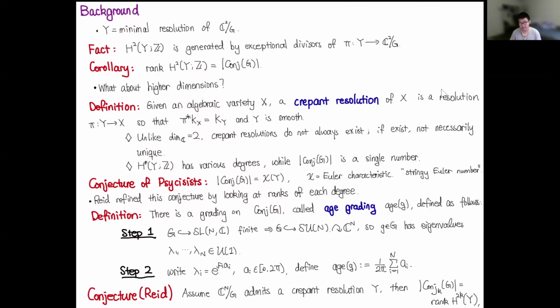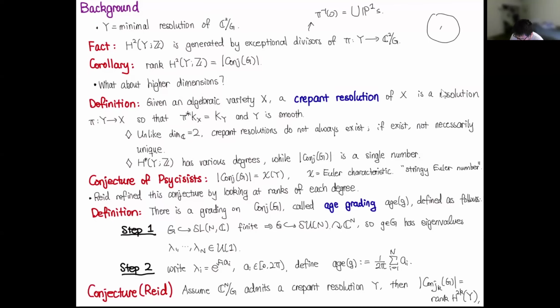But when you take a minimal resolution, the cohomology of the minimal resolution is the same as the cohomology of the essential divisors appearing in the resolution. This is just pi inverse of 0, which is a union of spheres in dimension 2.